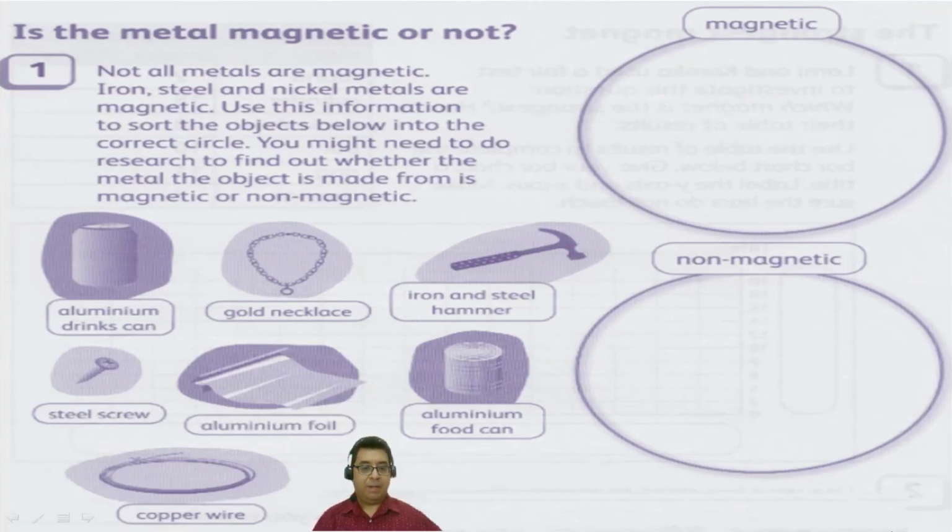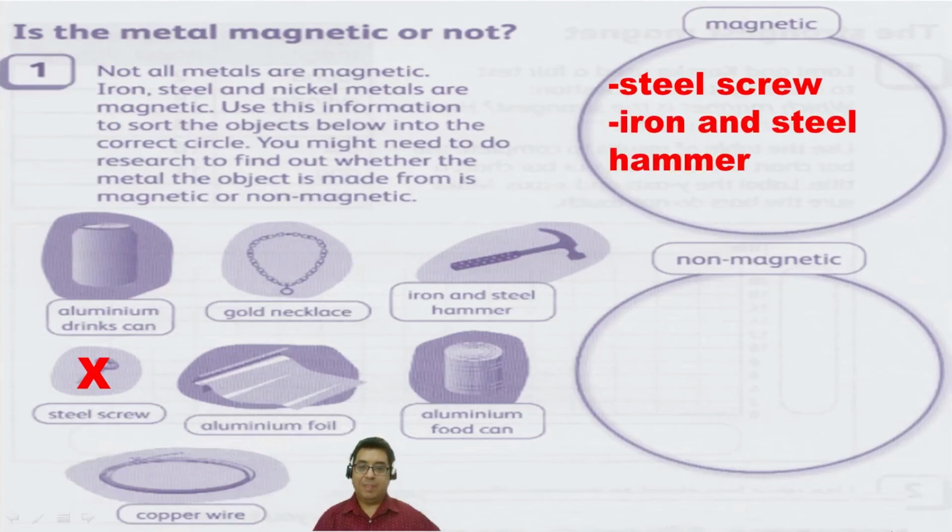Again, go ahead and pause the video and then we'll check it. Okay, let's go ahead and do magnetic first. Again, they don't have to be in any particular order, just have the answers in the right location here. So we got steel screw, iron and steel hammer.